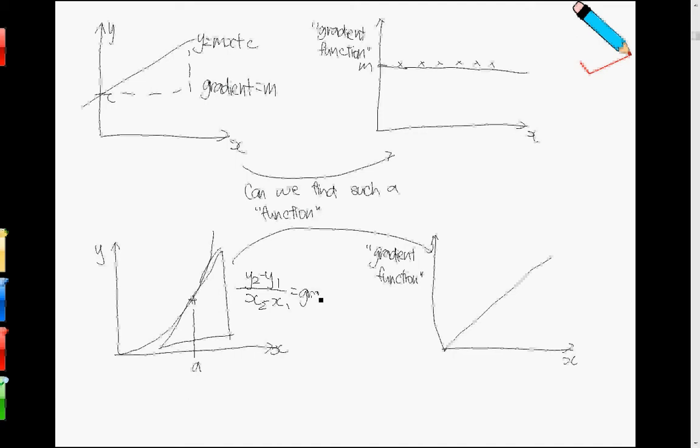This will give me the gradient. I do it not only for a but for all the different points of x, and then I plot out a gradient function. I should get a graph like this.